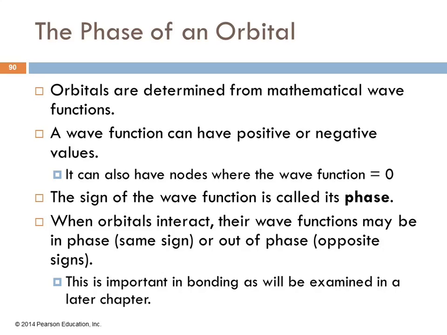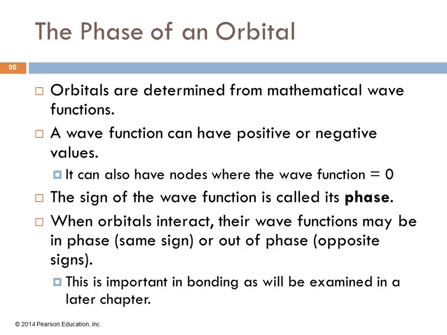So these orbitals are determined by math. It's a mathematical wave function. So wave functions can have a positive or a negative value. And it can also have nodes where the wave function is equal to 0. We call the sign its phase. So it can have a positive phase or a negative phase.